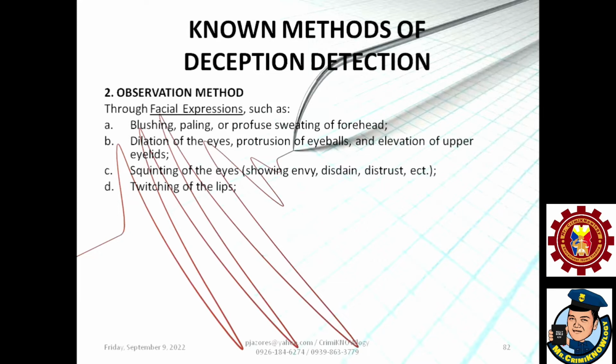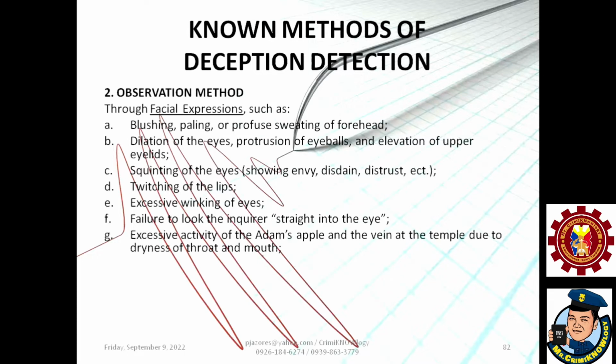The twitching of the lips, excessive winking of the eyes, the failure to look at the inquirer straight into the eyes because eye contact can show something. Excessive activity of the Adam's apple and the vein of the temple due to the dryness of the throat.